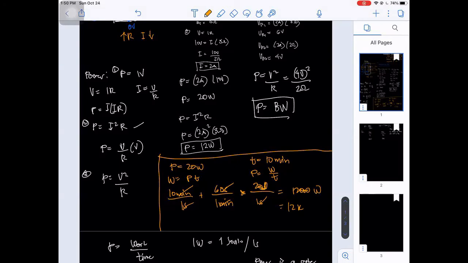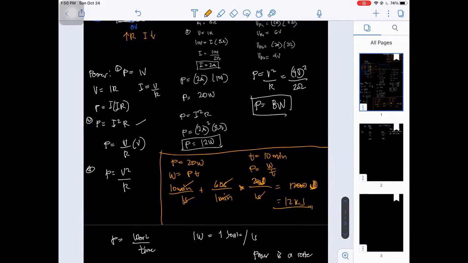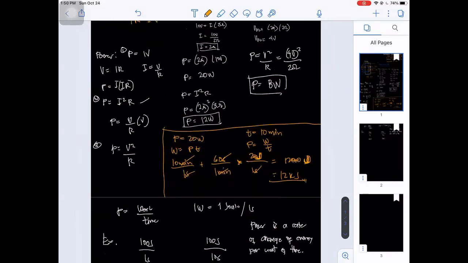So we have now 12,000 joules, or 12 kilojoules. Okay, so that's it. Our circuit performs 12 kilojoules of work, equivalent to the power of 20 watts.